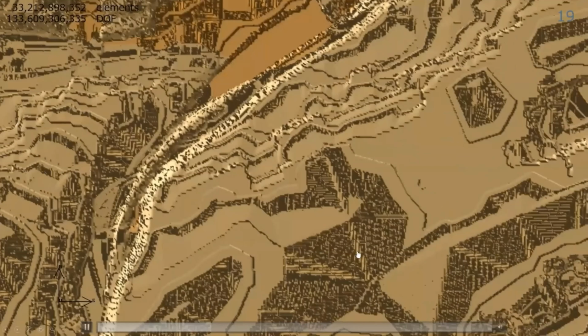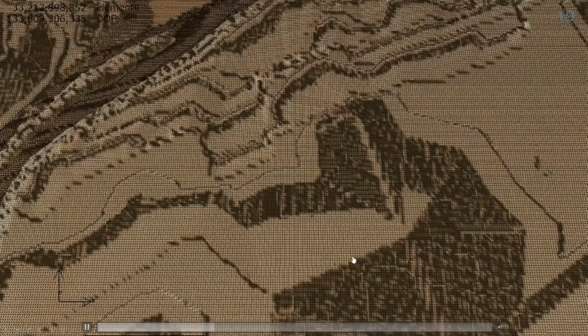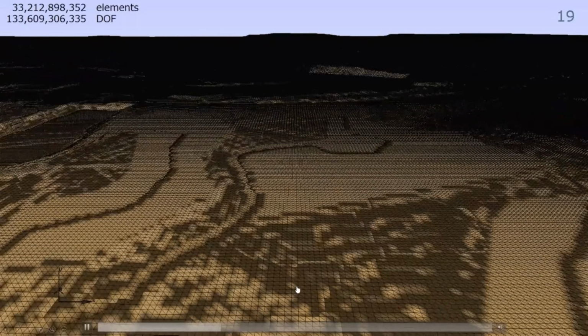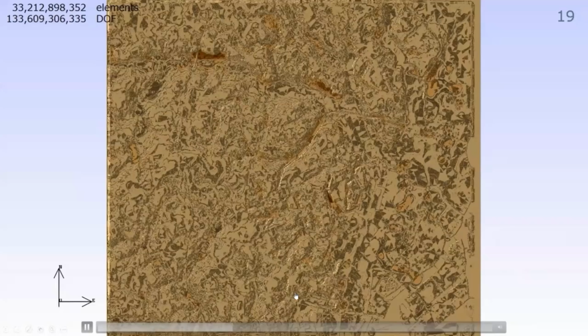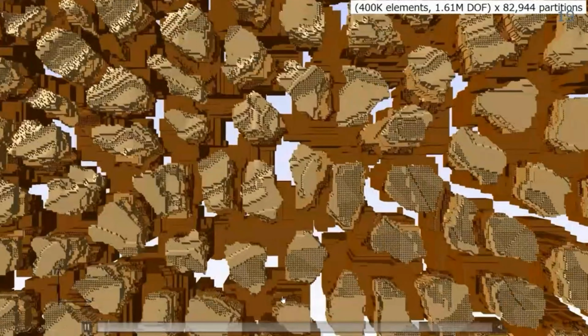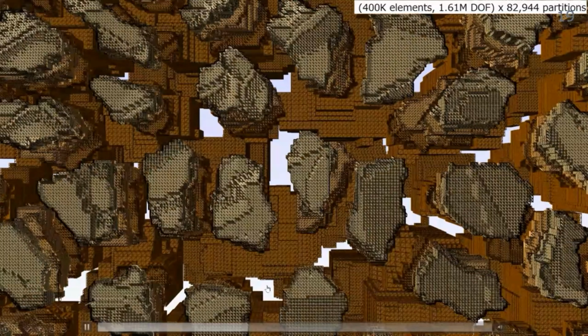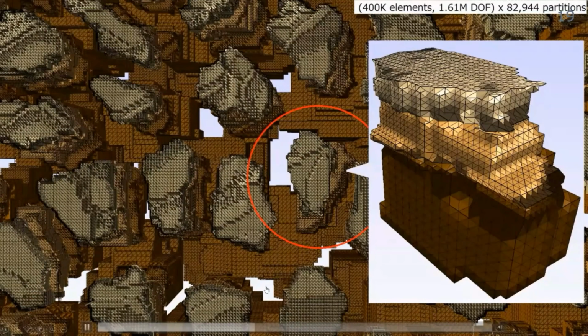So its detail: we use a second order tetrahedral element. We decompose it for the parallel computation, with 1.6 million degrees of freedom per computer node.